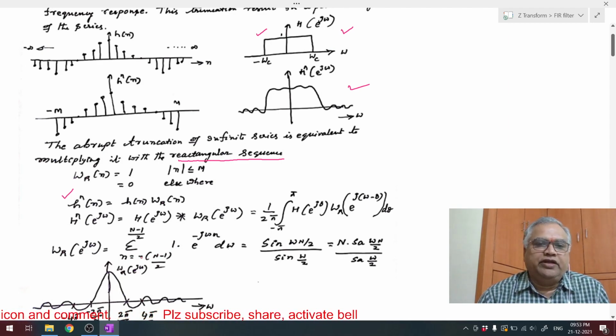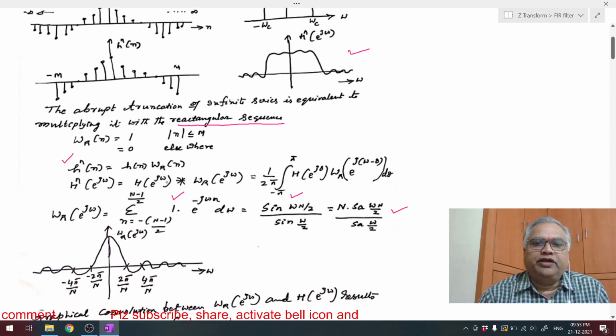So from minus m to plus m, this value is 1, with e power minus j omega n, summed over n minus 1 by 2 to plus n minus 1 by 2. If you integrate this one, you will get this term. Then sine you convert into sampling, you will get this.